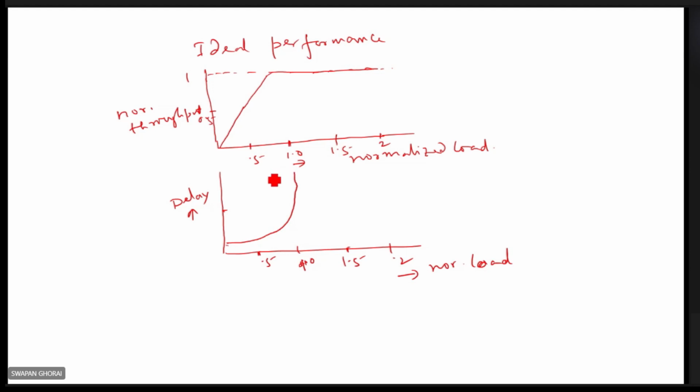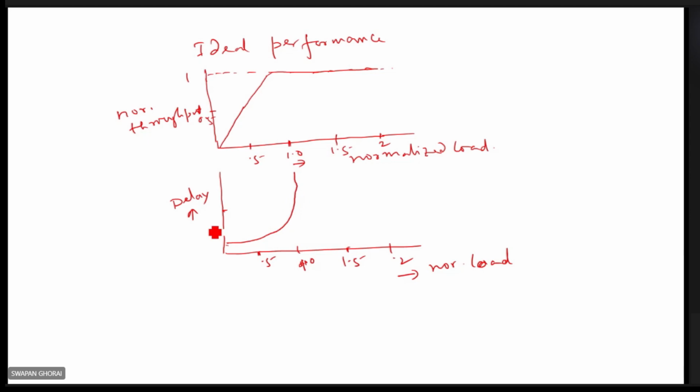So this situation is the ideal condition. Here, it assumes that the buffer capacity is quite large, I mean, infinite buffers are there. This scenario corresponds to the case when we assume infinite buffers.